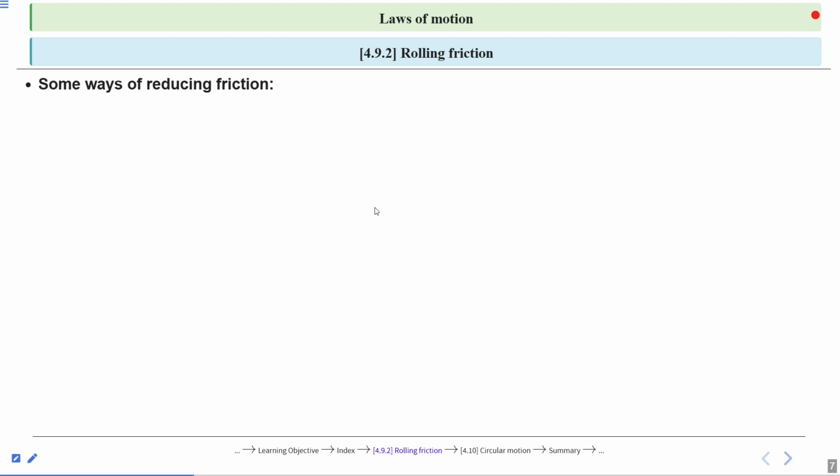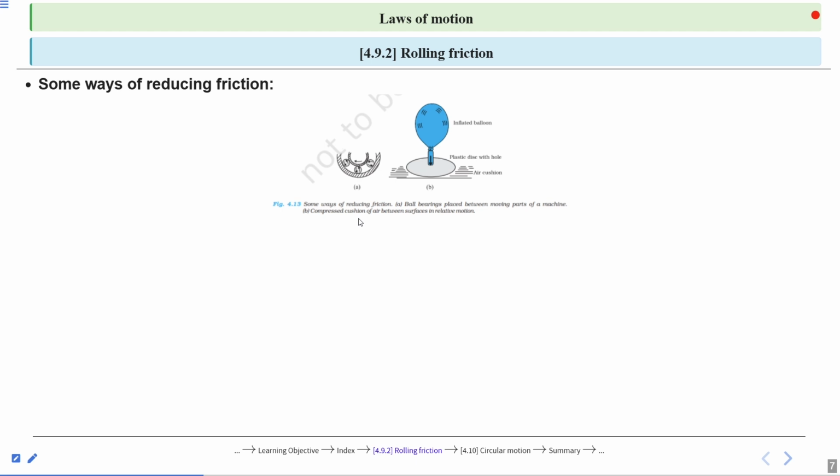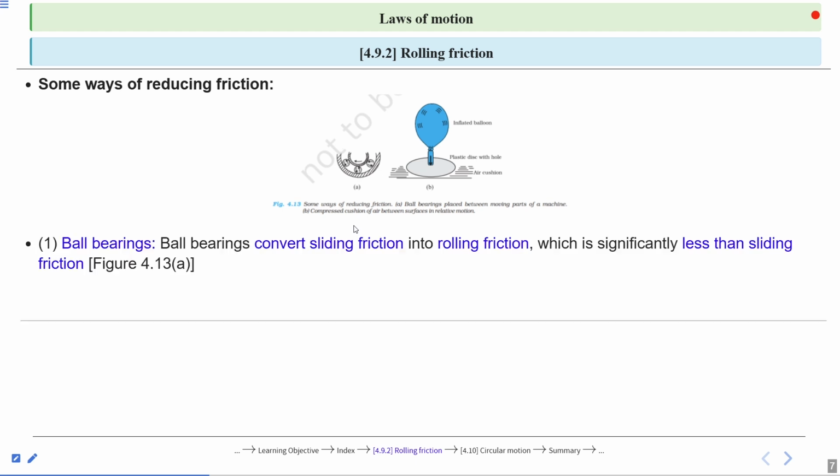Now we will learn some ways of reducing friction, or we can say methods to reduce friction. Clear? So first is ball bearings.